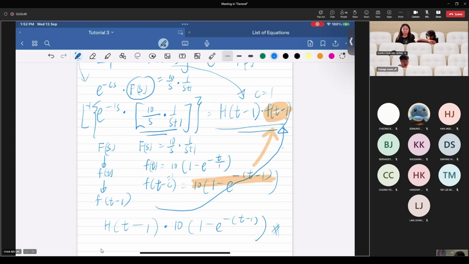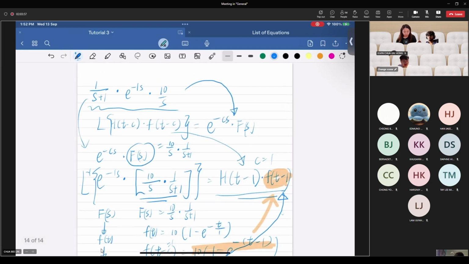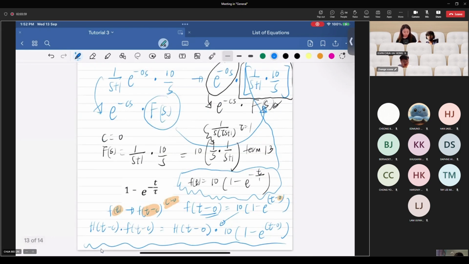So when you combine the two parts together, your y(t) now is the first one you have derived, which is this one. This is actually your y(t).